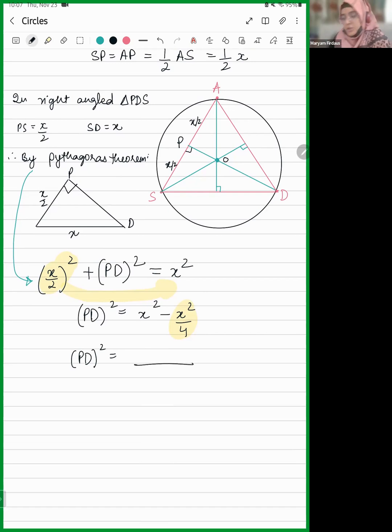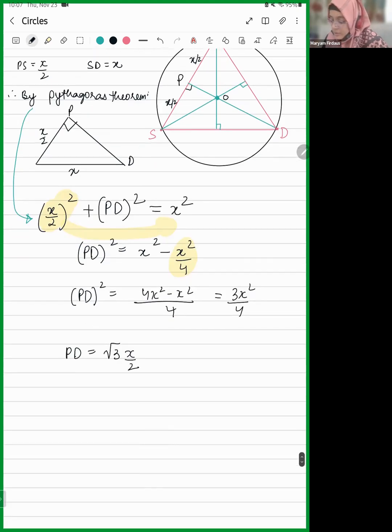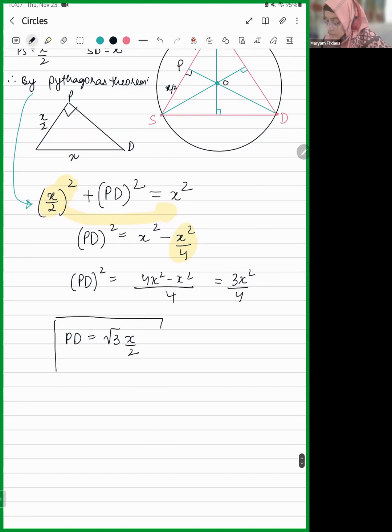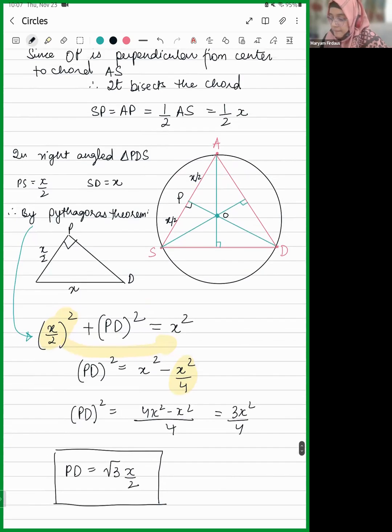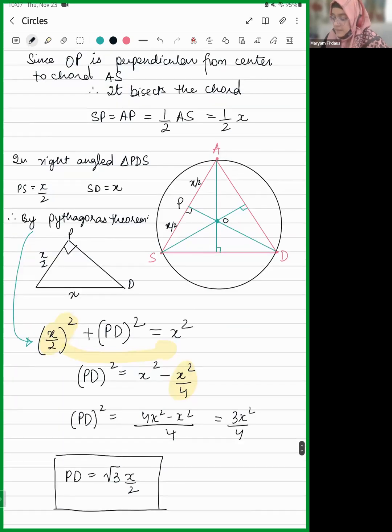This is just basic subtraction. And then this becomes 3x square by 4. So basically, your PD is root 3x by 2. This is your PD, and we are going to remember this, which is why I am putting it inside a box. Please write it till here.